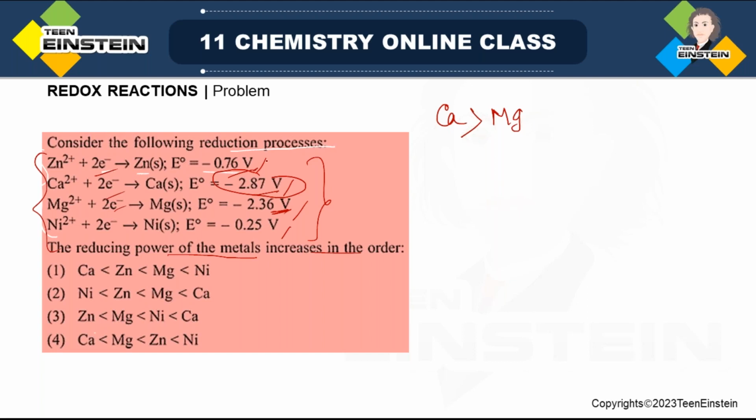Zn is more negative, so it will be next, and then nickel. So this is the reducing tendency, and you can get it in option 2. So option 2 will be the correct option. See, it is very easy. Just from the values, compare which one is most negative and then arrange accordingly.